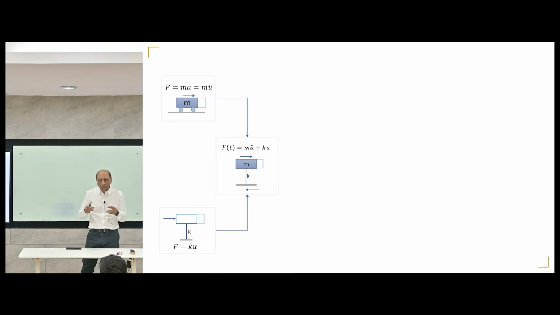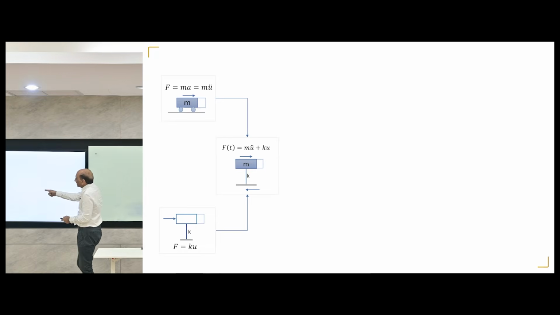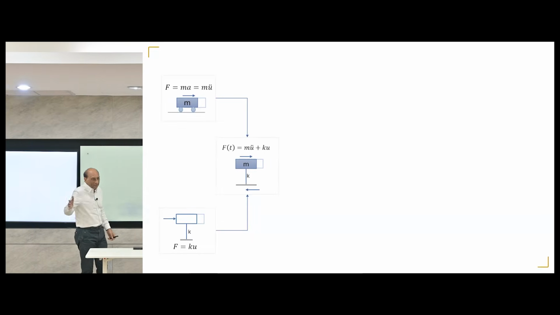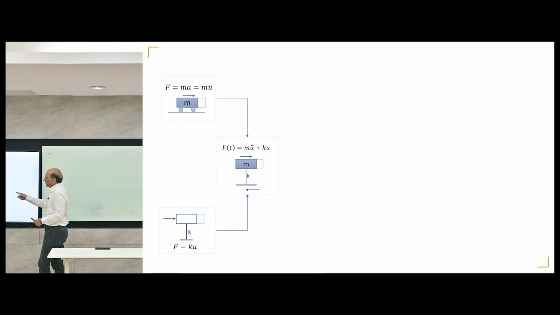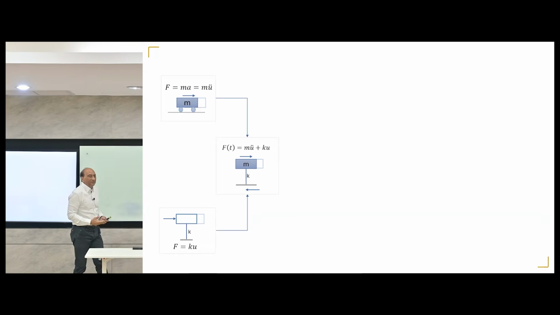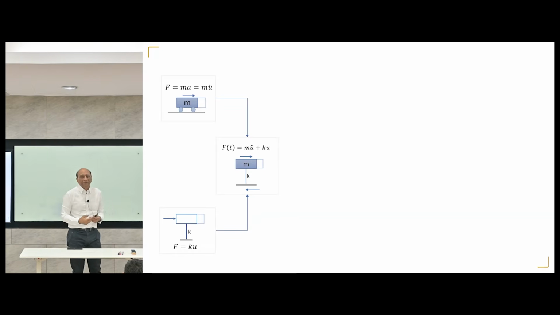So when you put these two equations together, because acceleration is changing with time, the force required at any given time, because the body is accelerating and also fixed, will be the sum of the two terms, because F is here, you just add them together. This is the beginning of the dynamic equilibrium of the system, where we have the mass which is trying to move and already moving, but we block it.